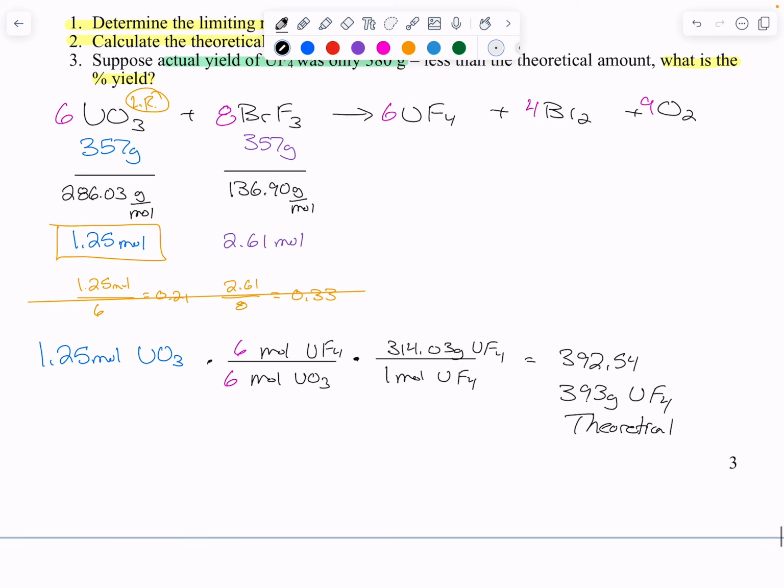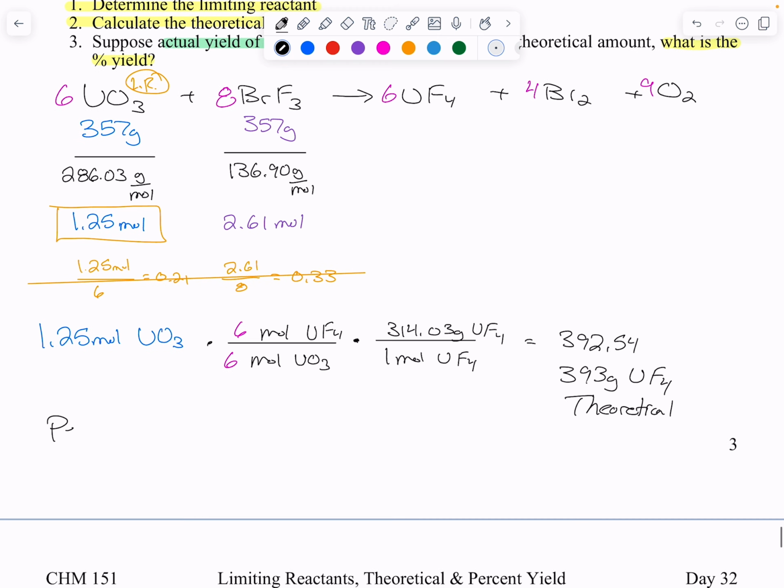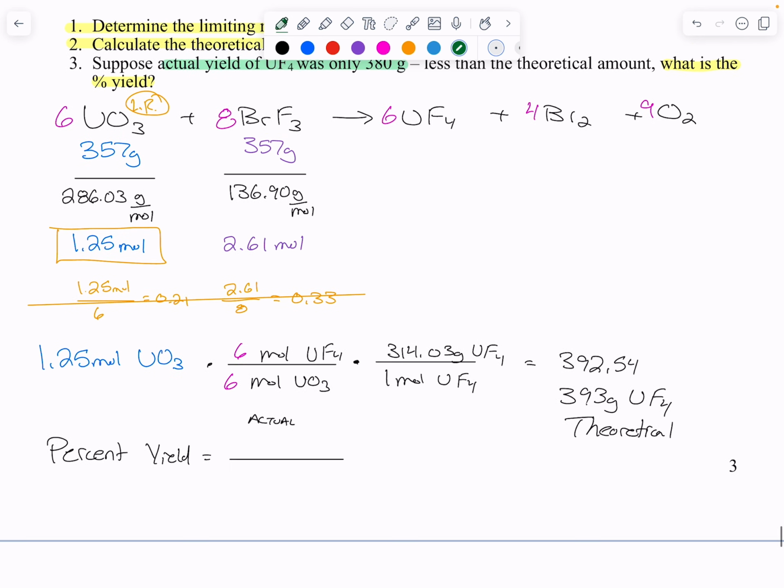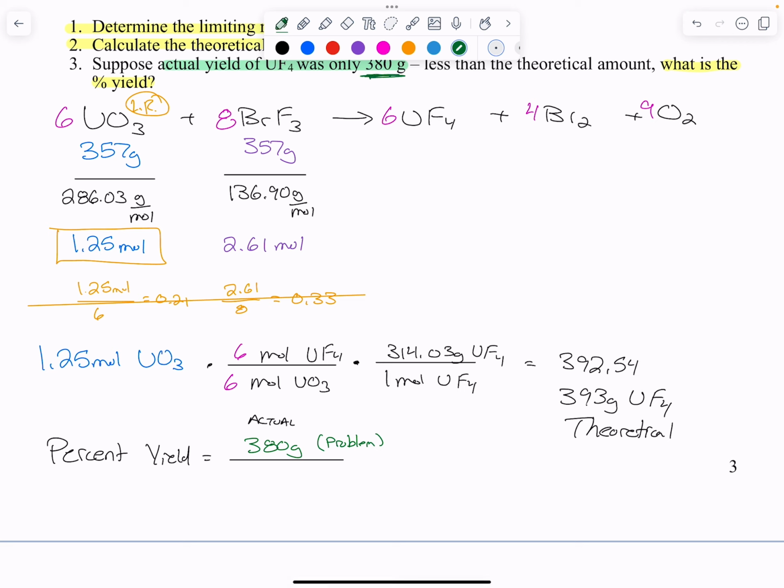How do I get the percent yield? The actual was 380 grams. That's from the problem. It tells us in the problem right here. 380 grams. The theoretical was 393 grams, and that was the calculated, times 100%.